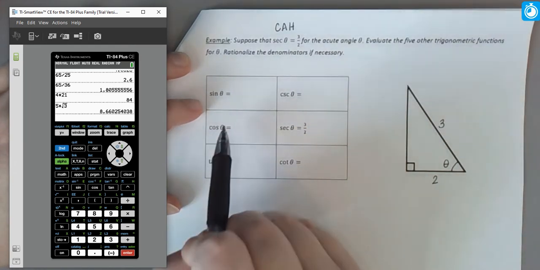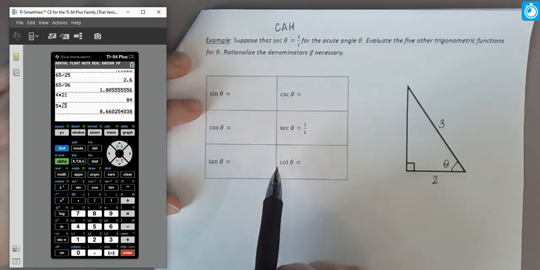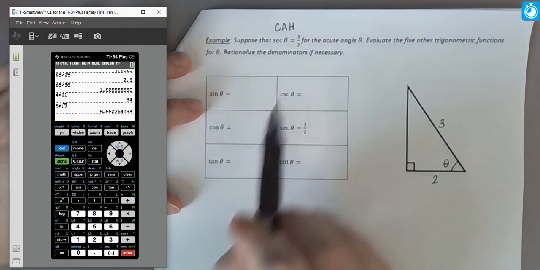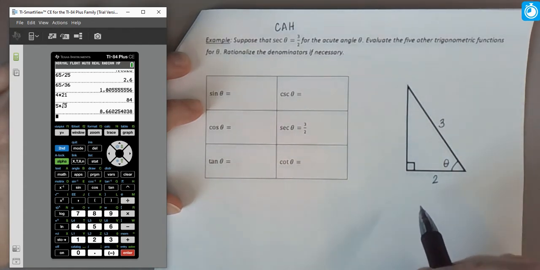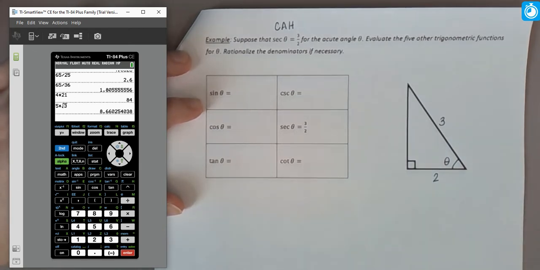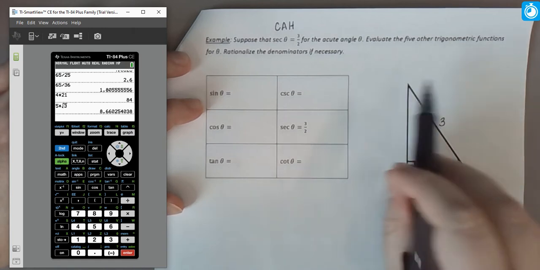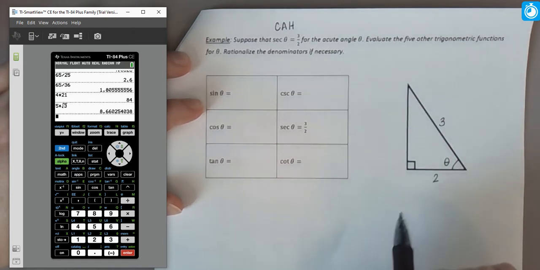But if the idea is that we're just finding trigonometric ratios, all of those ratios are going to be unitless anyway. So knowing the units in our actual triangle is not important if the goal is just to find these trig ratio values. All we need to know is what are the actual numbers and where do they go in relation to our angle in this right triangle.